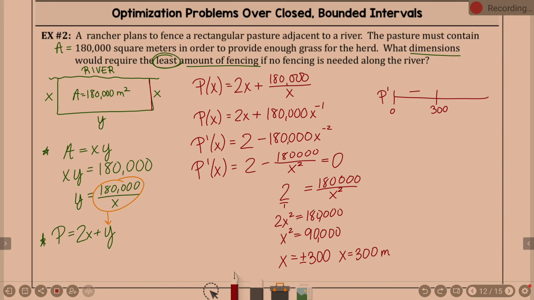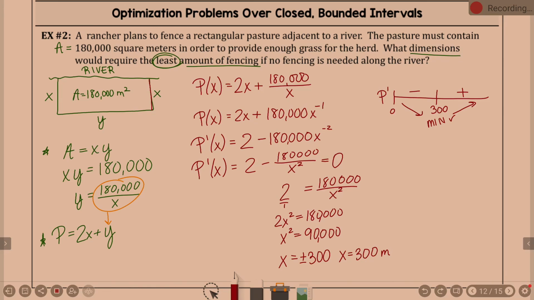When you plug in something bigger than 300, say 400, that ends up working out to be positive. Okay? With that in mind, decreasing, increasing, that verifies that yes, this is a minimum. The sign changes from negative to positive.